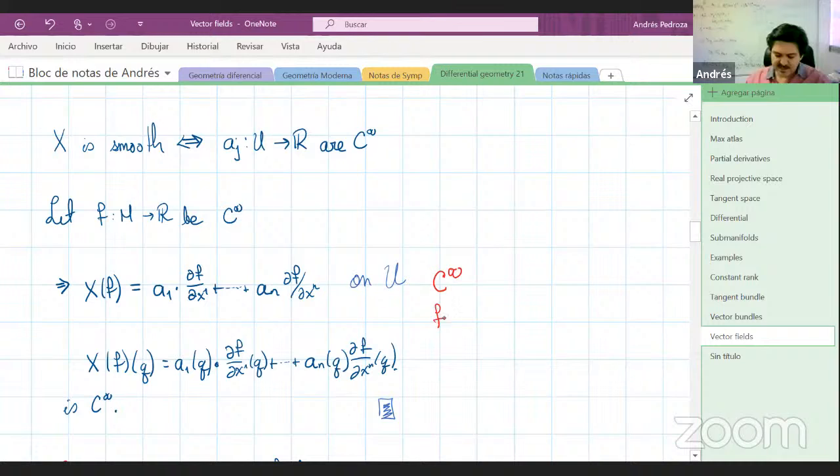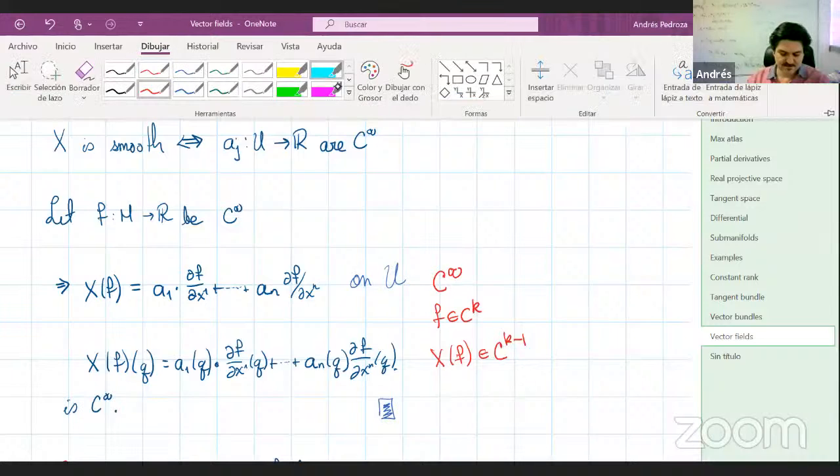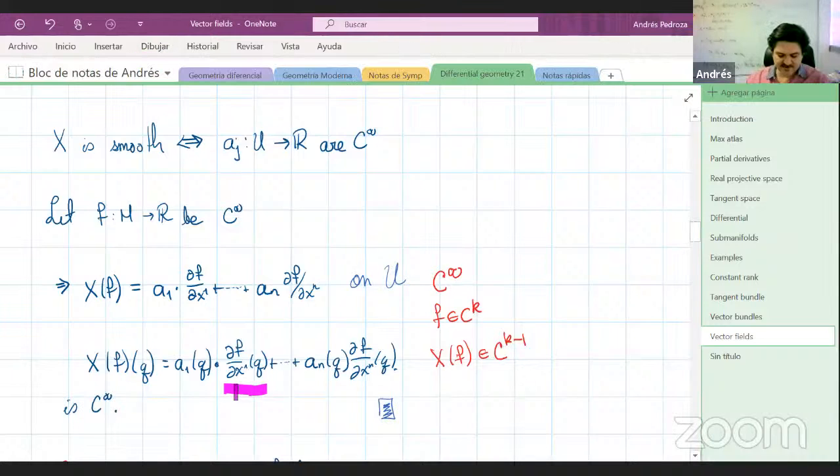Because if f is of order C^k, this function will be of order one less. Because here, this will be k minus 1, not C^k.